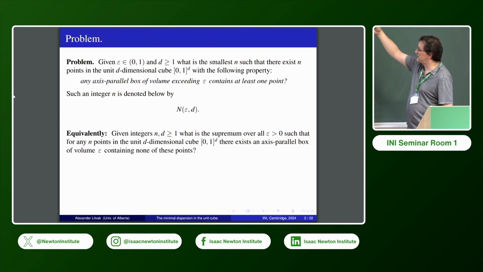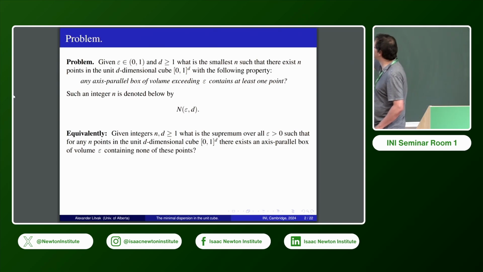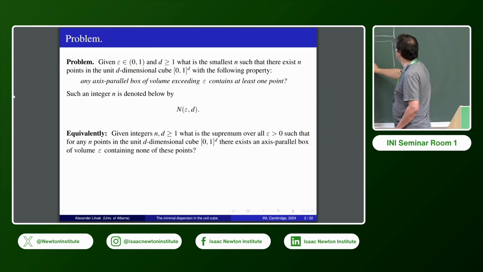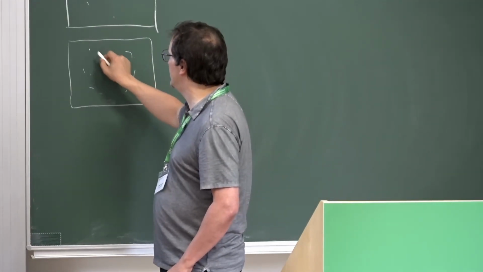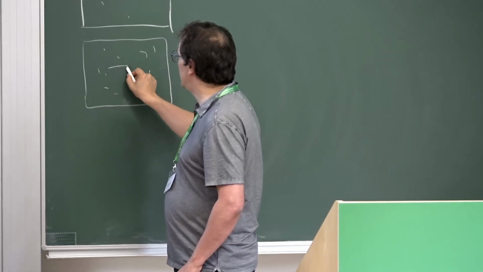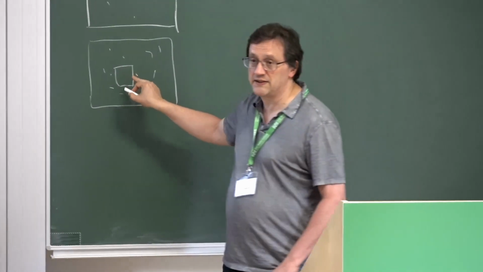But I can fix n and d, and find the largest possible epsilon, such that for any configuration I can find an axis parallel box with no points inside. So this is just an inverse function. This will be our setting.